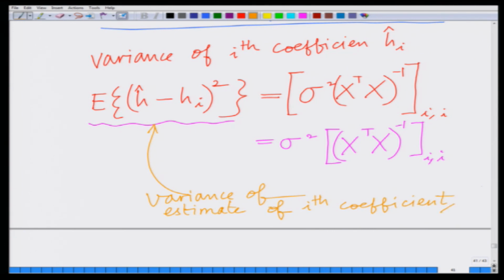This is the variance of the estimate of the ith coefficient in the vector parameter h hat.